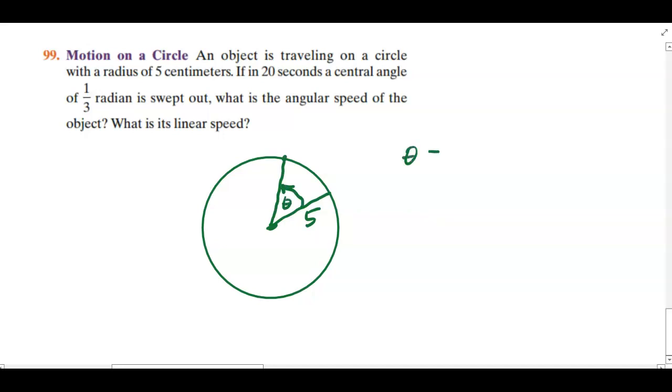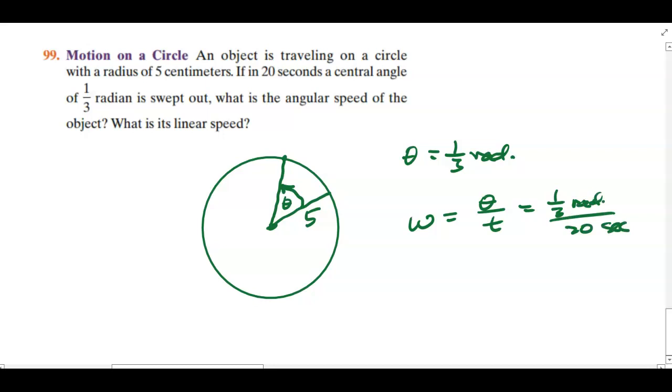So theta equals 1/3 radians. What is the angular speed of the object? Well, W is theta over time, and it says 20 seconds, so it's 1/3 radians over 20 seconds. So you finish that out.